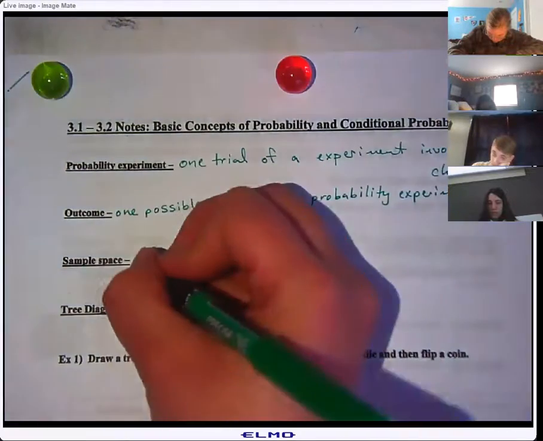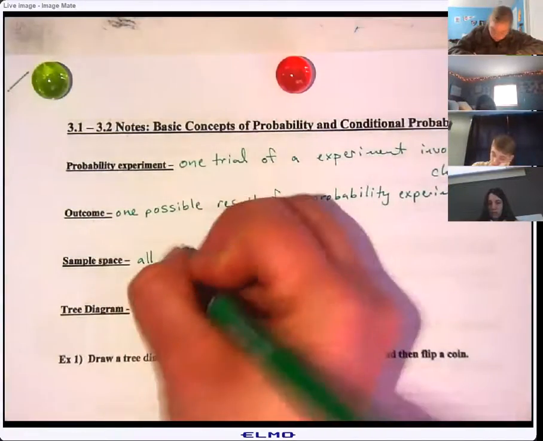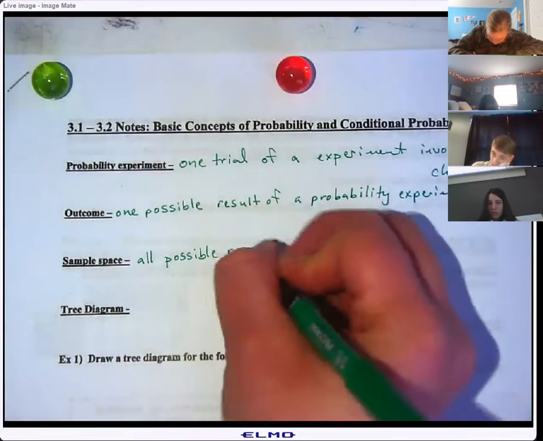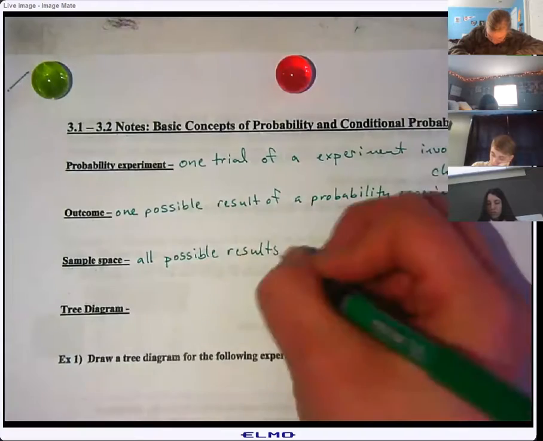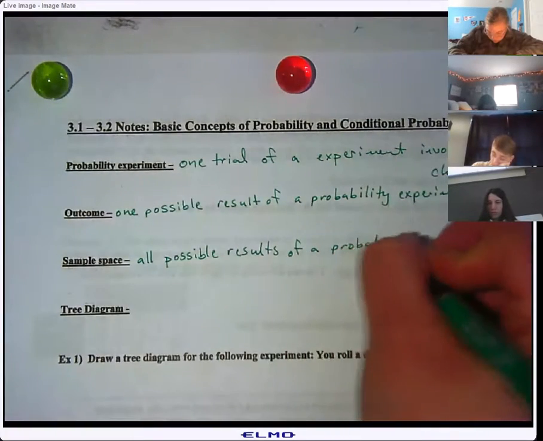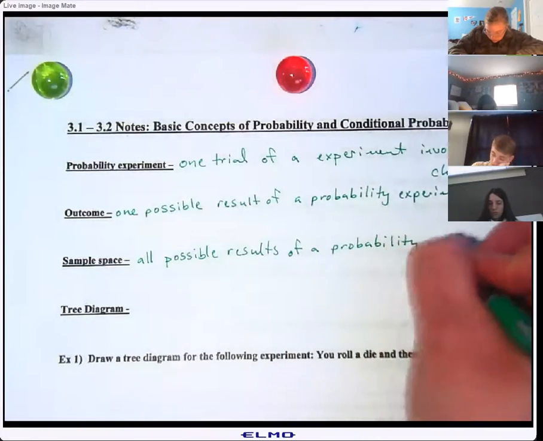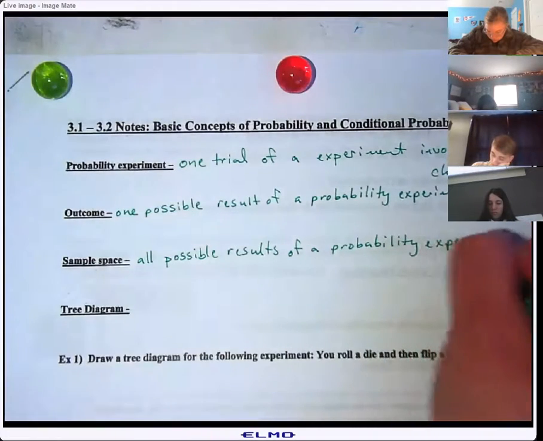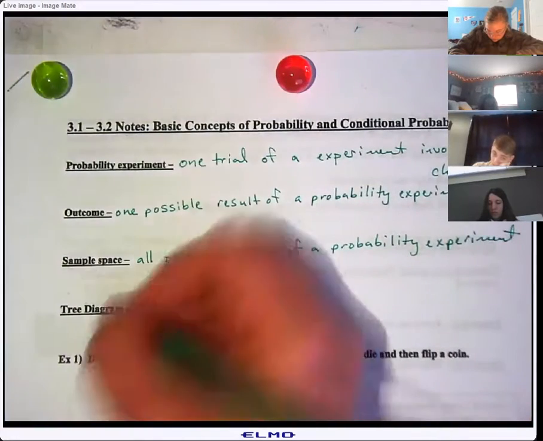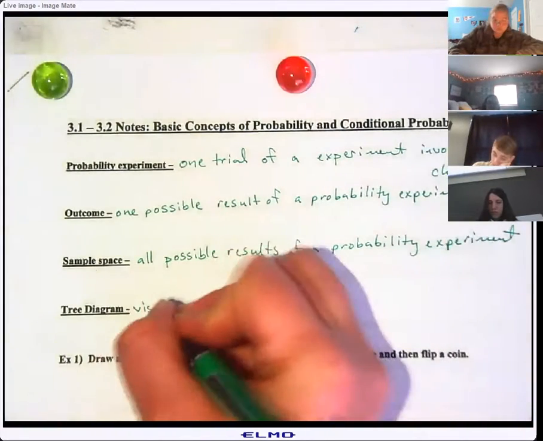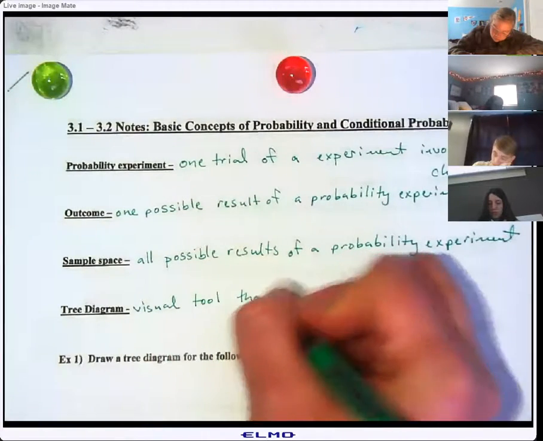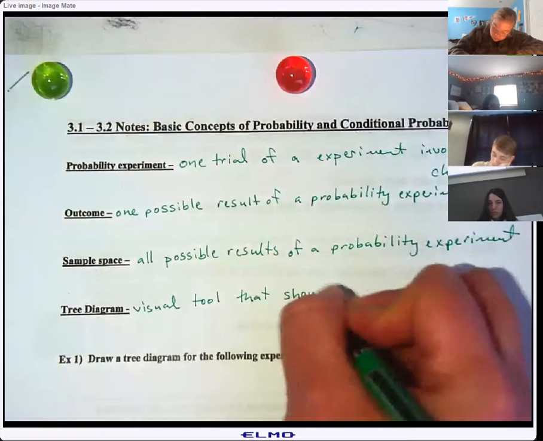And a sample space is all possible results of a probability experiment. A tree diagram is a visual tool that shows you the sample space.